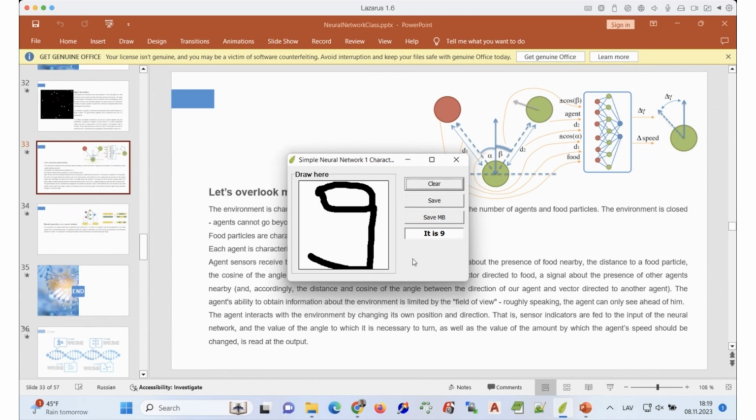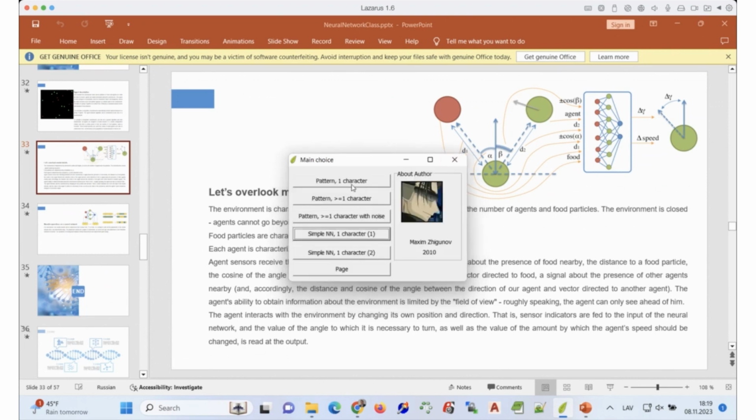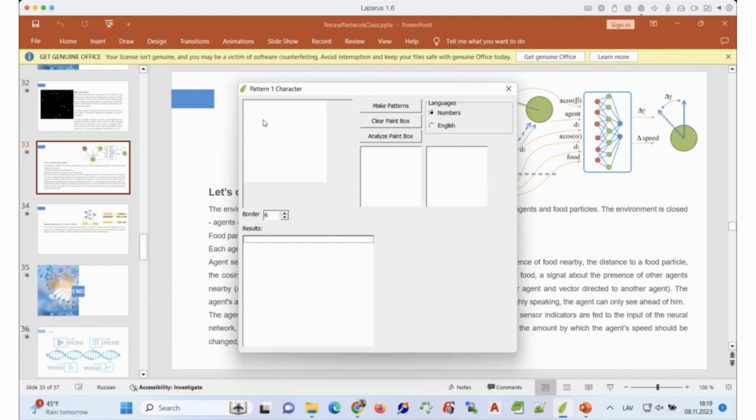So the result just wouldn't be found. We can try this. Okay, here unfortunately we have only numbers, I suppose. Okay, let's try to get the biggest border we can, and let's draw this approximately in a similar manner.